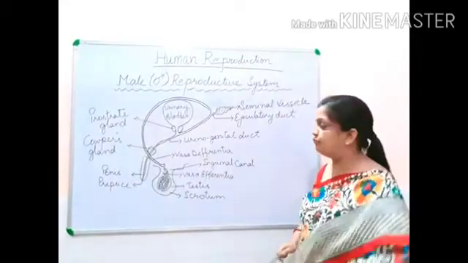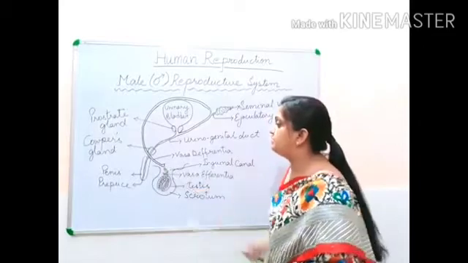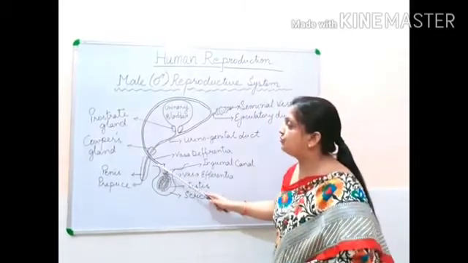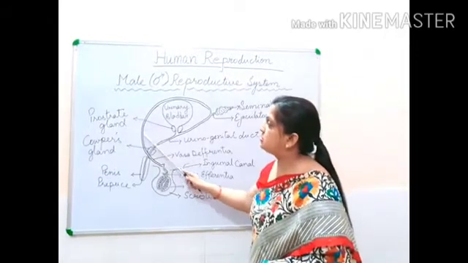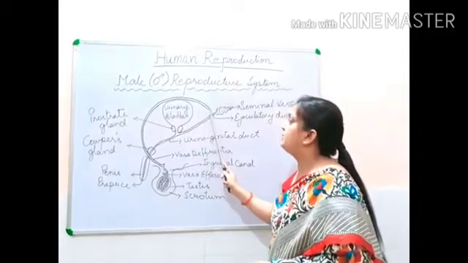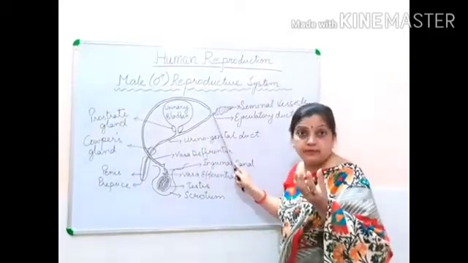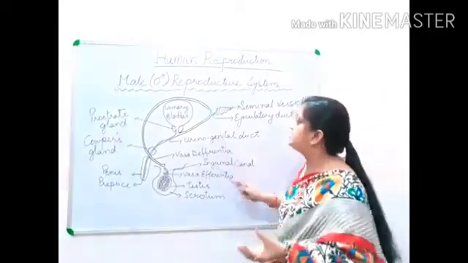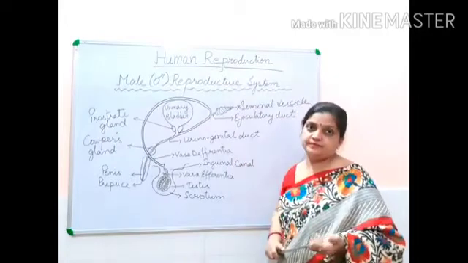Now if I move forward, this vas deferens is emerging out from the inguinal canal, moving ahead and crossing the urinary bladder from the top. It has a connection from where the seminal vesicles connect to the vas deferens.